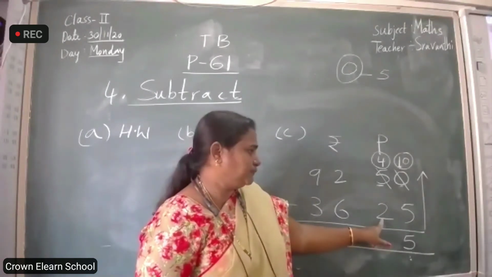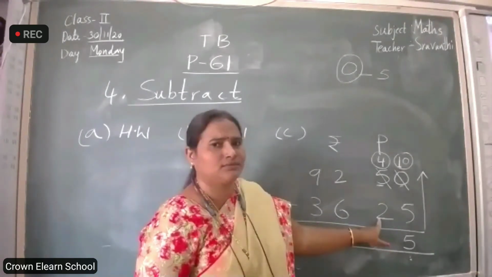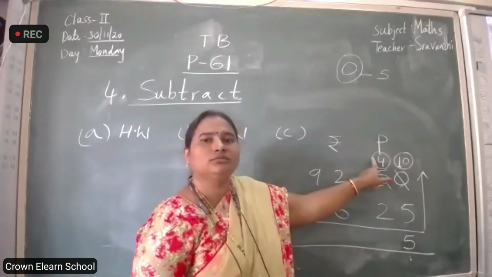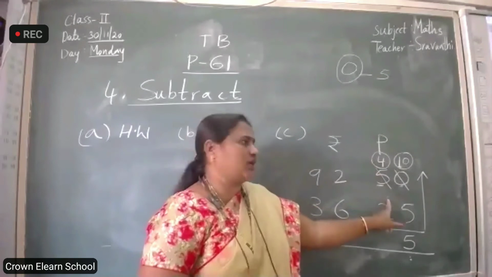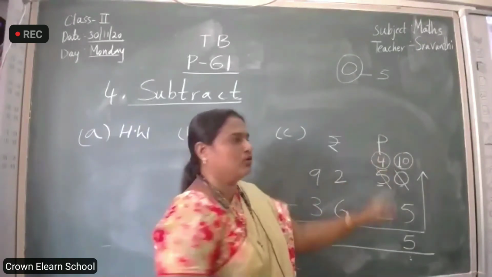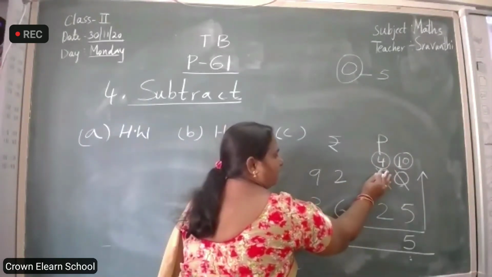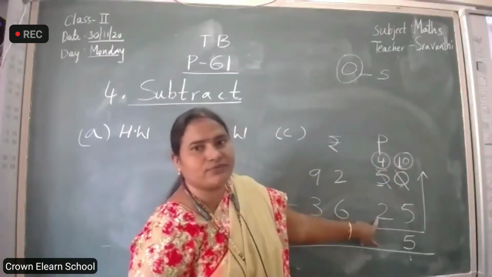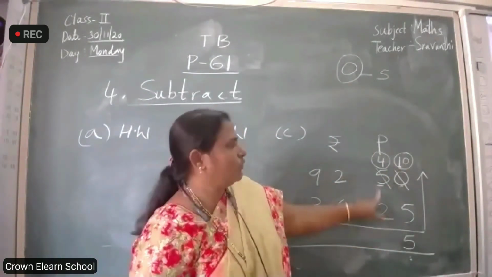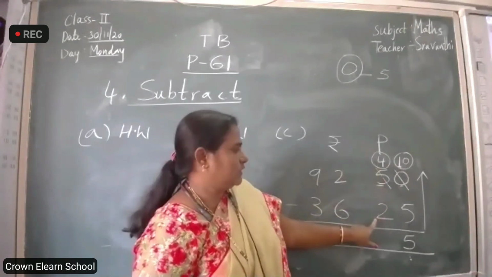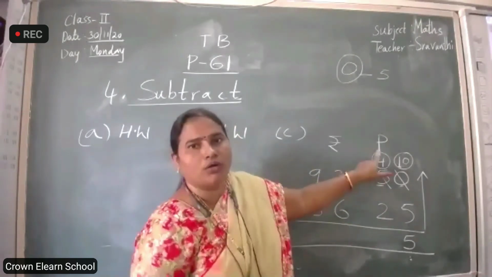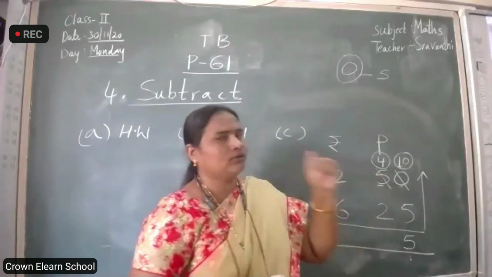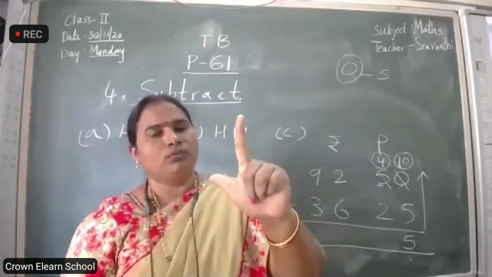Next, let us do this. What are the two numbers? Will you see 5 or 4? Yeah, 5 is changed as 4. So don't see this 5. 4 we have to see. Okay? 2 after till you get 4. Close all fingers. This 2 after, 3, 4.